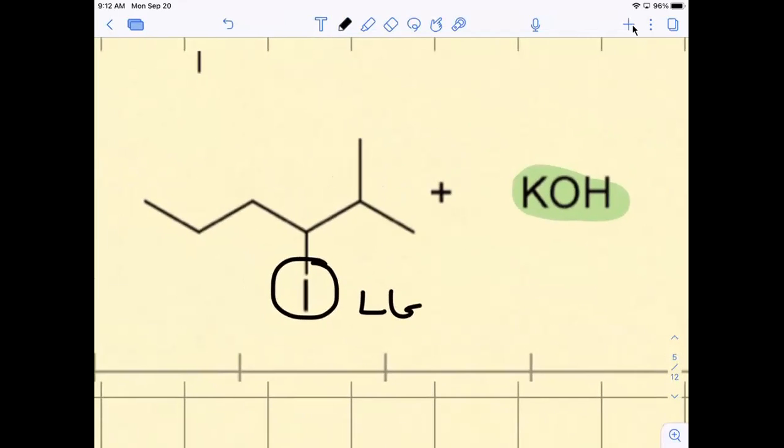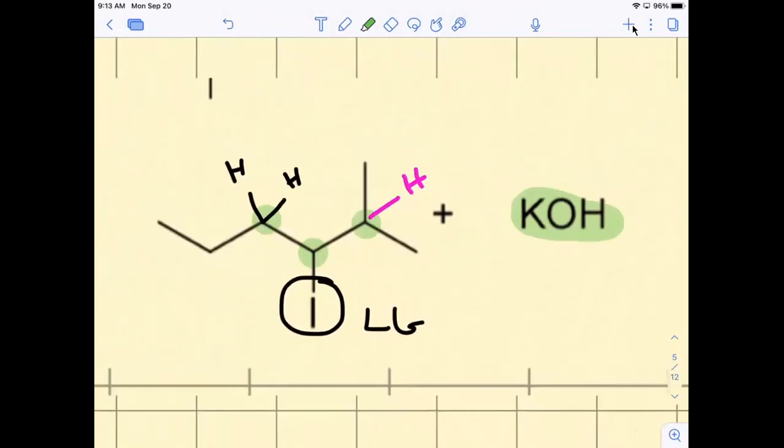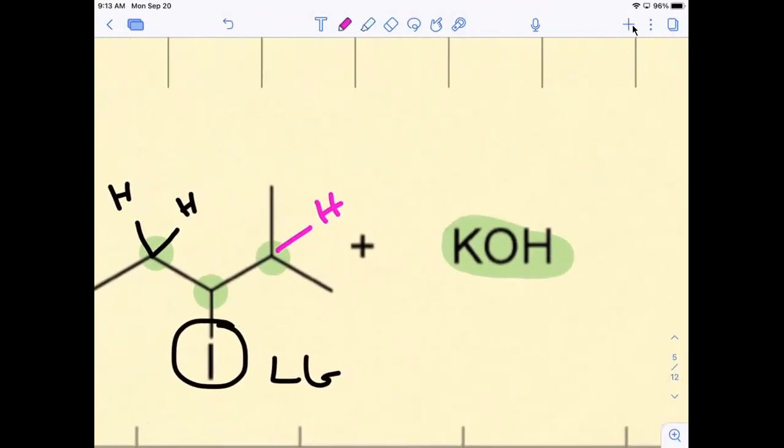Those are the hydrogens that are adjacent to your leaving group, the hydrogens that are on carbons adjacent to your leaving group, right? Because this is a carbon right here, that's a carbon right there. So with the elimination, once you identify the leaving group and the alpha protons, let me write that in.